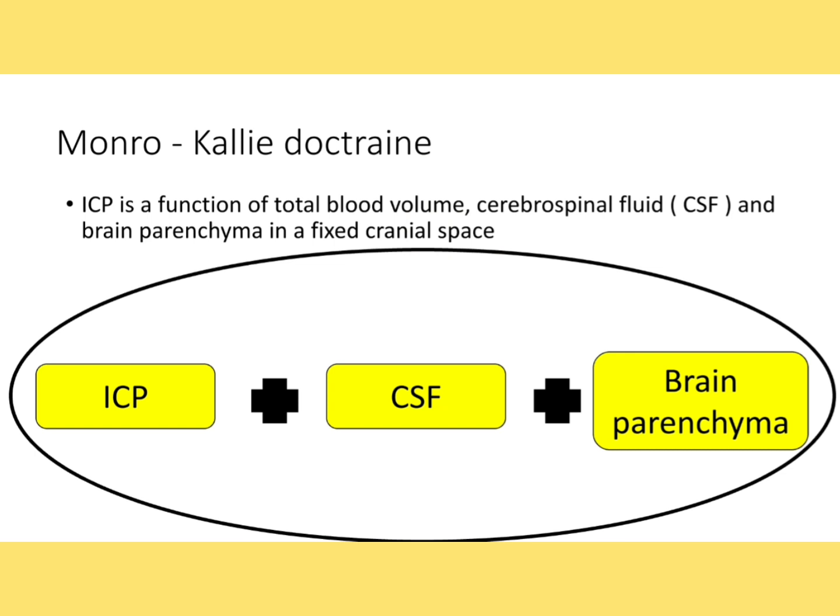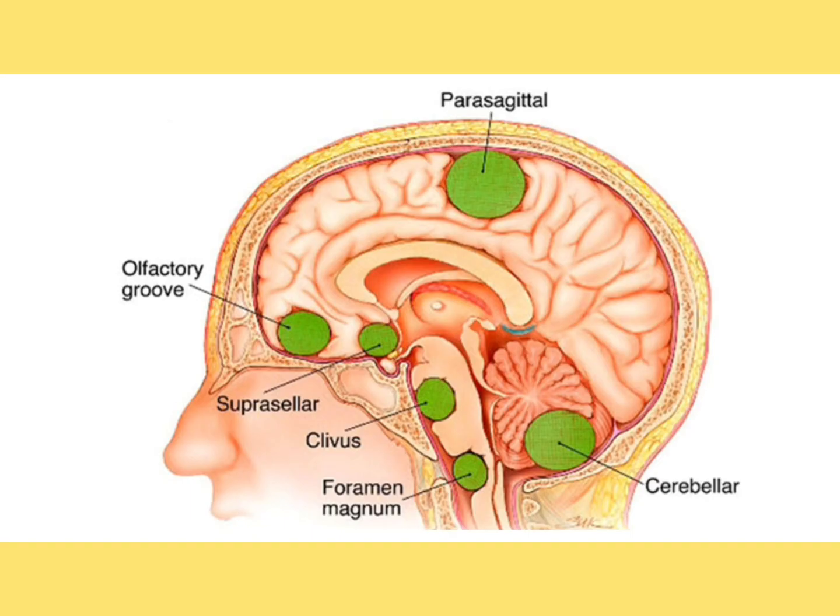Suppose there is an increase in the total amount of intracranial tissue due to mass lesion growth; this will lead to raised intracranial pressure. Why? Because there is a fixed amount of CSF, brain tissue and cerebral perfusion pressure. So growth of an extra mass lesion will lead to a rise of intracranial pressure.